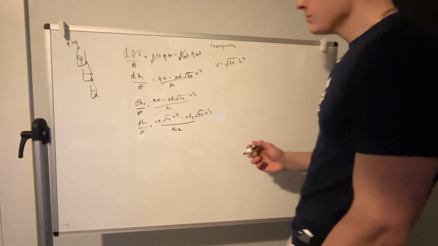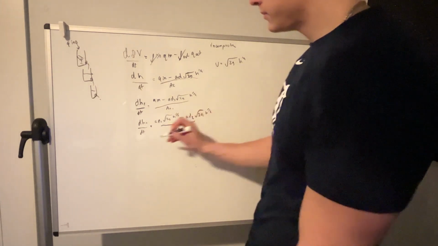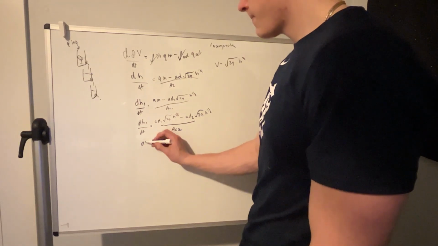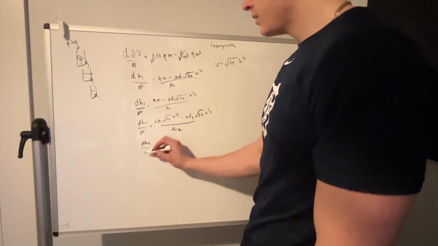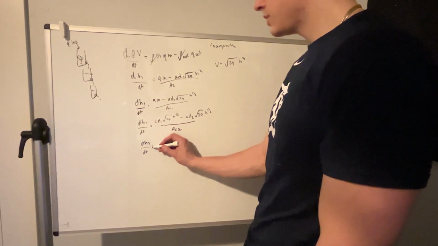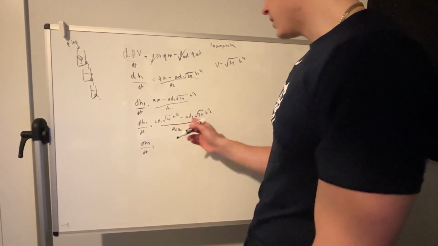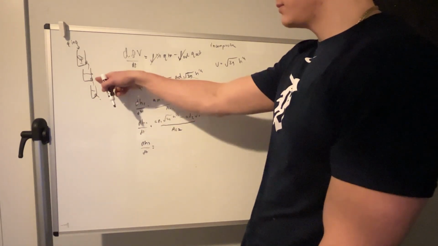And then we can do our third tank, where dH3/dt is equal to our second rate going out, which would be going into the third.